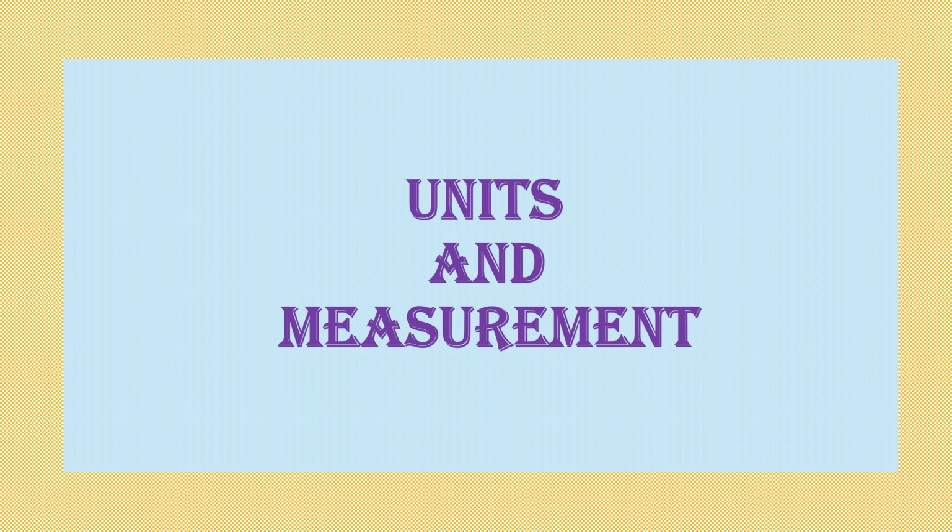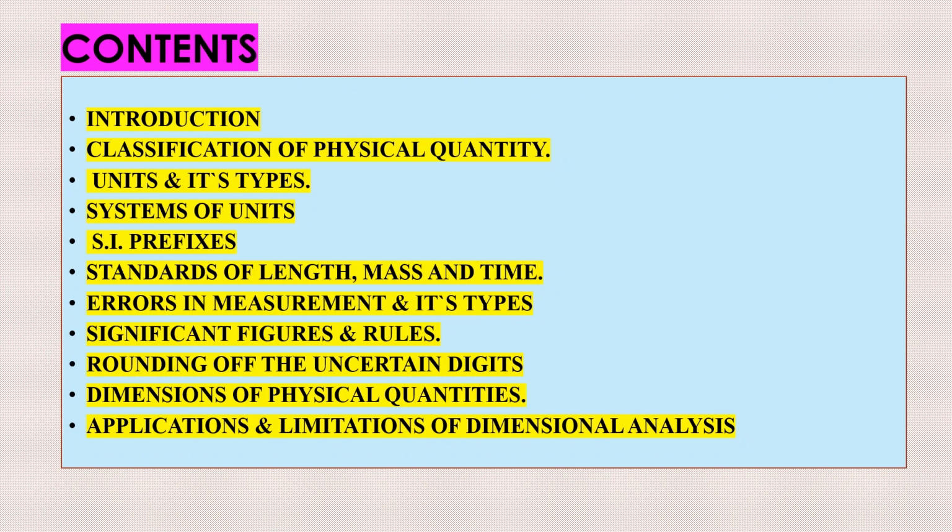Let's get started. Units and measurement. Let us look at the content that we will study in this video. Introduction. Classification of physical quantity. Units and its types. Systems of units. SI prefixes.